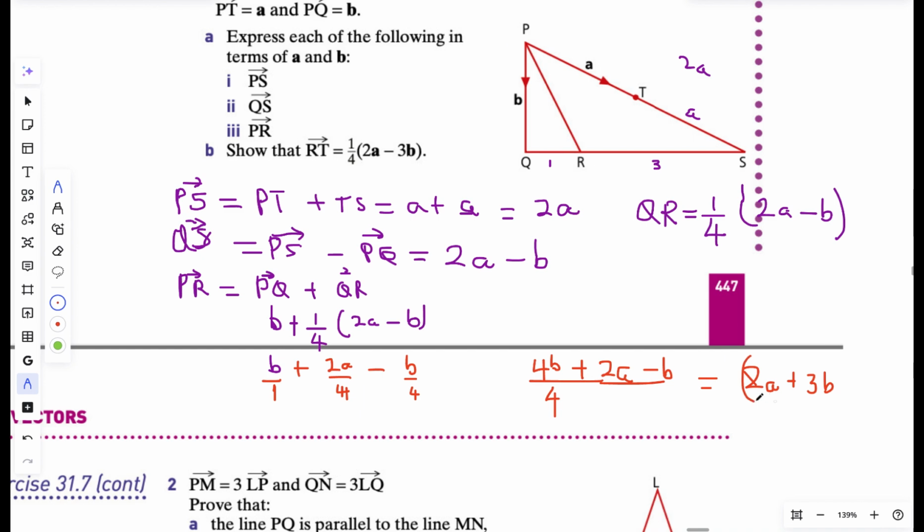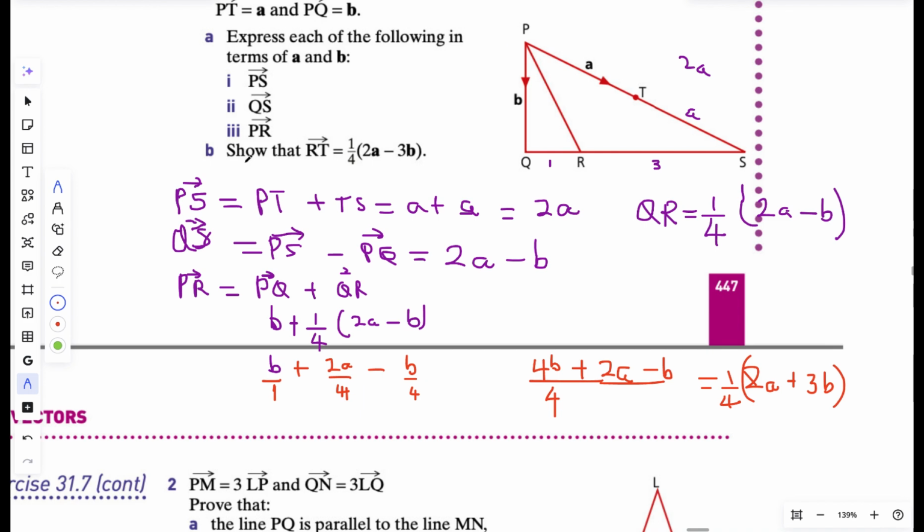It's either you say everything over 4, or you say 1 all over 4, you put it out like this. So that's what we get for our PR. Our PR is 1 over 4 of 2A plus 3B.